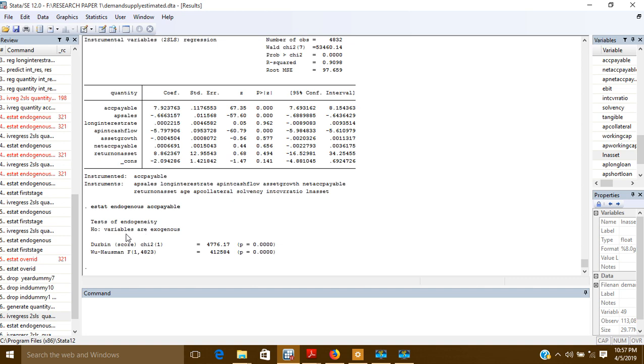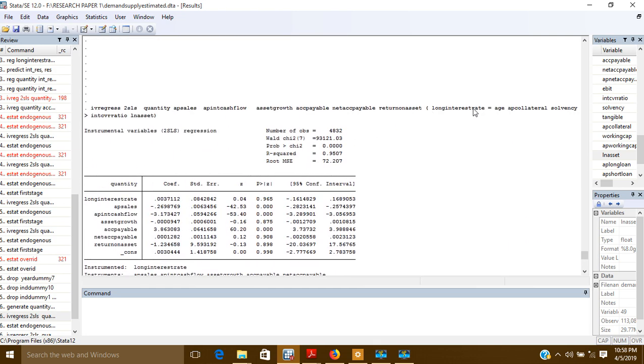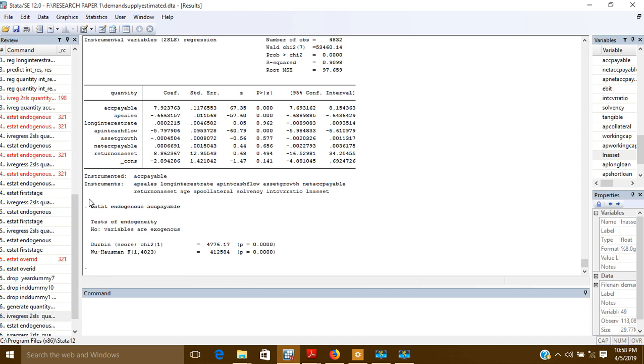The null hypothesis is that variables are exogenous, and the alternate hypothesis says that the variables are endogenous. So it means that account payable is an endogenous variable, whereas the previous one was not endogenous and can be taken as an exogenous variable. So this checks our endogeneity.